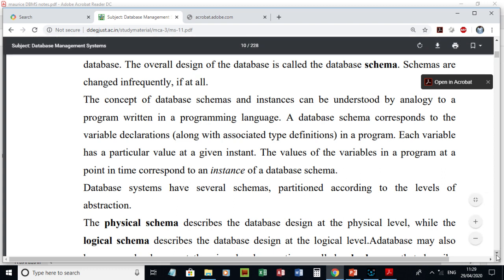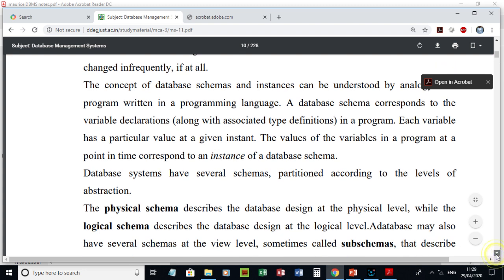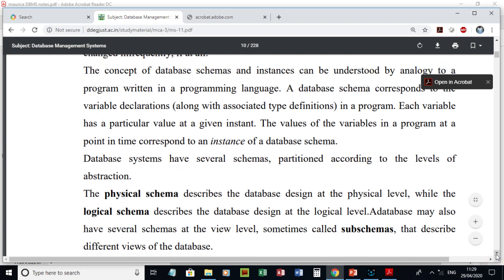Physical schema. The physical schema describes the database design at the physical level, while the logical schema describes the database design at the logical level. How do we get access to the database?